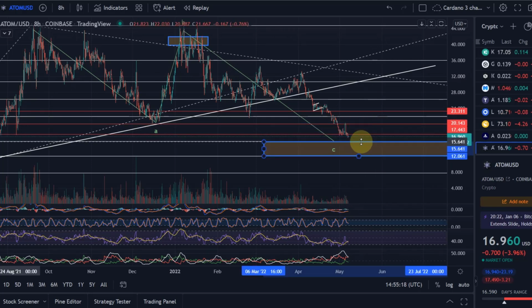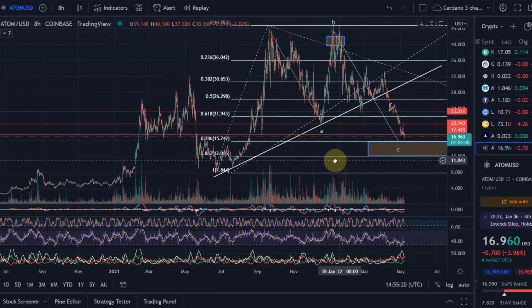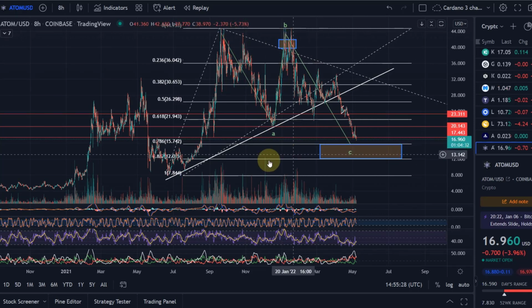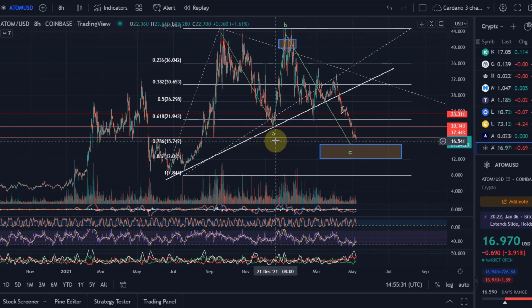We specified it further and narrowed it down, because now we can specify the most likely target area for such a wave 2 correction, which consists of this ABC: the area between $12 and $15.74, between the 88.7% Fibonacci level and the 78.6% Fibonacci retracement level.